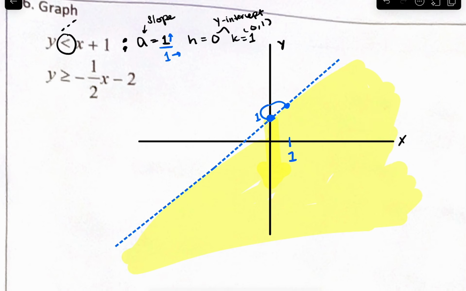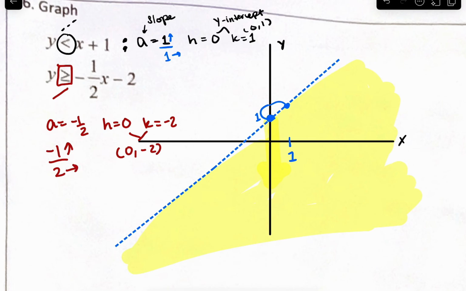Okay, now let's graph the other one. The other one is going to be solid. So our A value is -1/2. Our H is 0. We know our K is -2. This is my y-intercept, and this is going to be my rise over run.